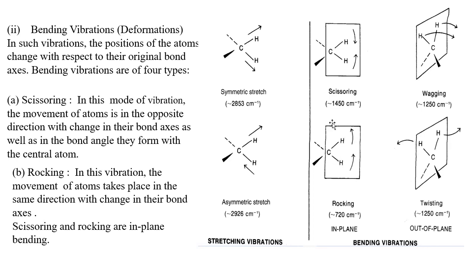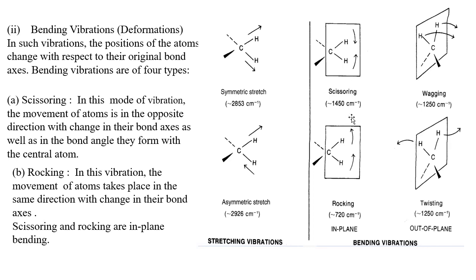See, all these three atoms are within this plane, and the movement of these hydrogen atoms is in the same direction, changing the original carbon-hydrogen axis. This type of vibration is called rocking vibration.